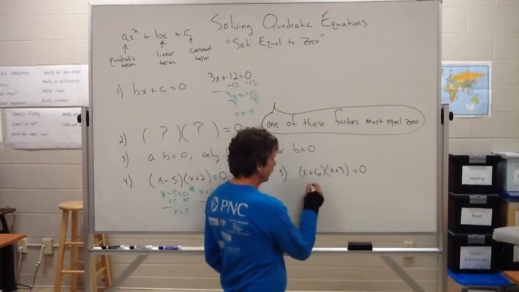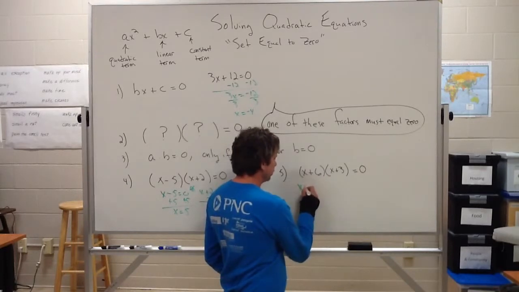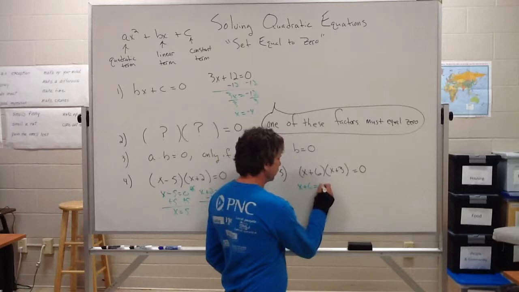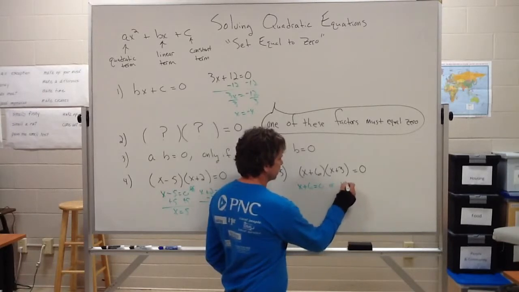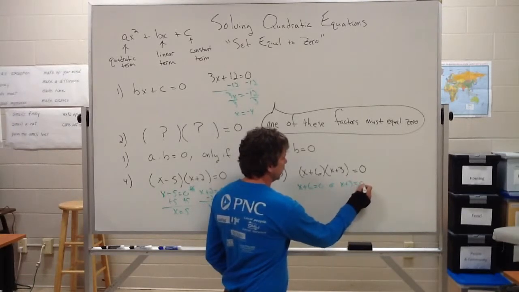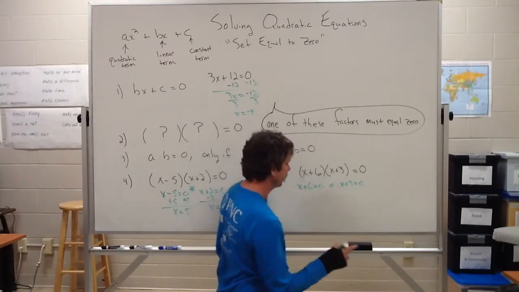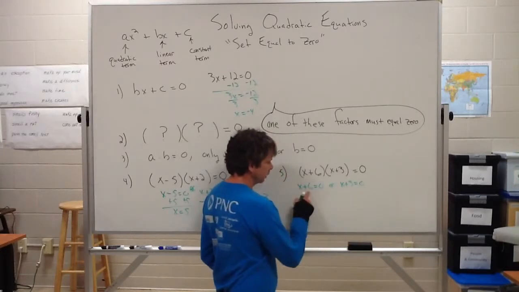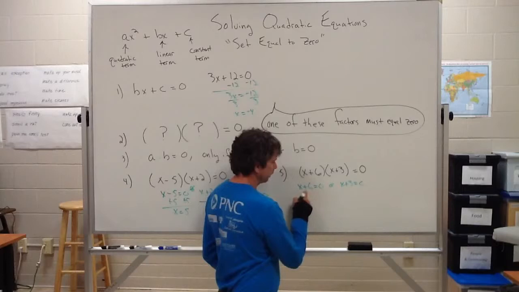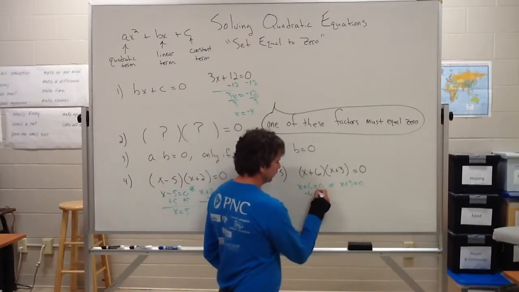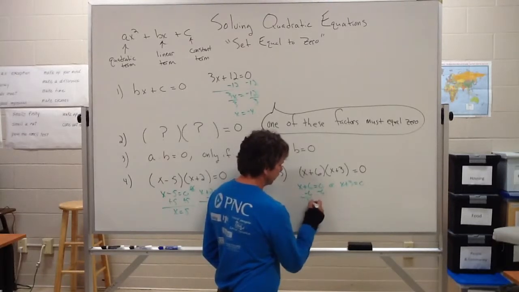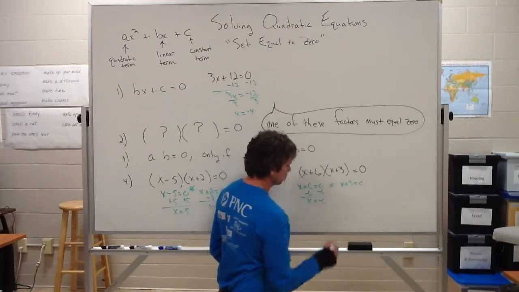If you cannot see that, our strategy is to set each factor equal to 0. And now we have these two simple equations that we have to solve. Since this is now like linear, we just have to get this x by itself by moving that 6 out of the way. So we zero it out with a negative 6. X equals negative 6.